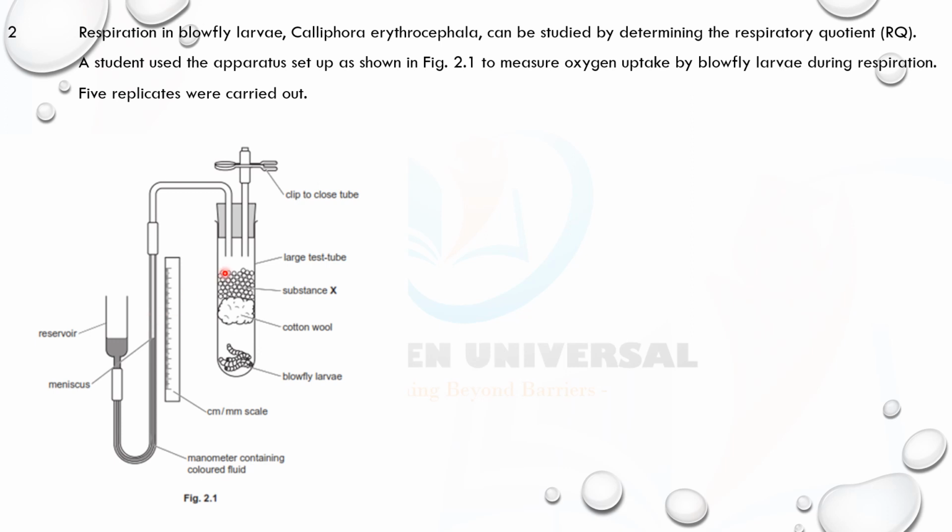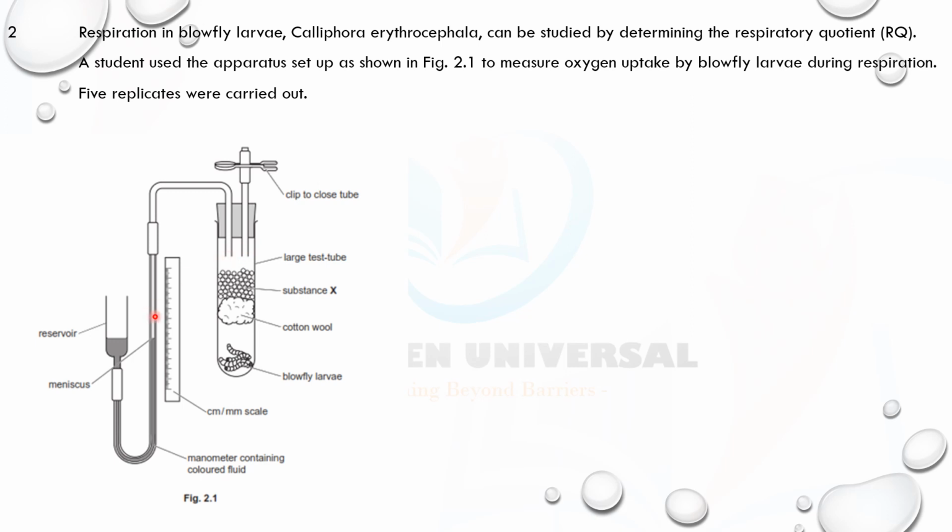By the time respiration starts, oxygen is used and CO2 is produced, but carbon dioxide is absorbed by substance X. So oxygen is used up, CO2 is absorbed, and the volume of air here decreases.